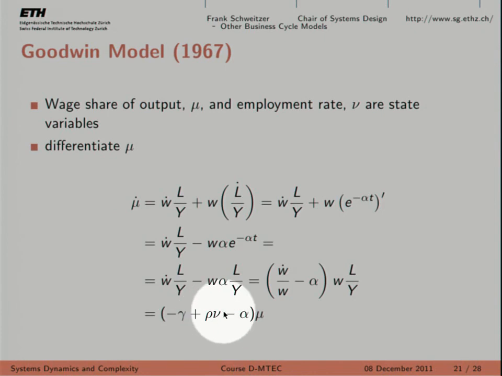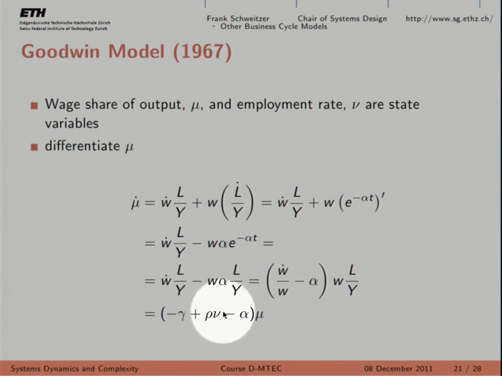Minus alpha times this is mu. It's the amount you pay to all your employees divided by the output, so the share of output that goes to cover your labor costs. So it's mu. Therefore, we get a differential equation relating mu dot and obviously mu, but also v.